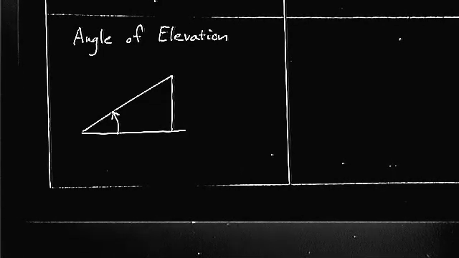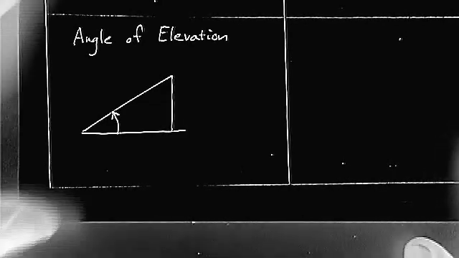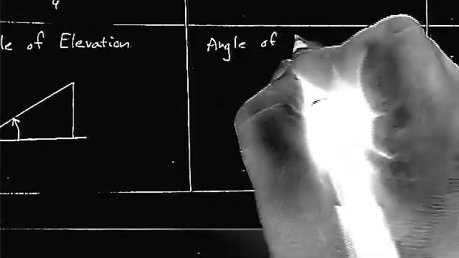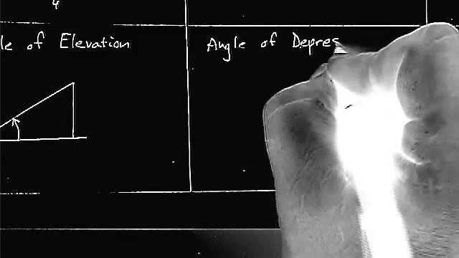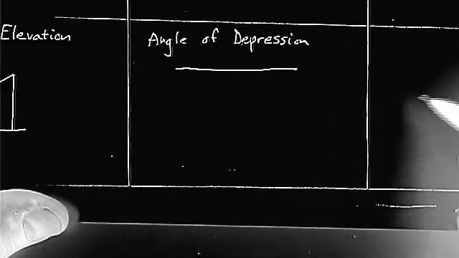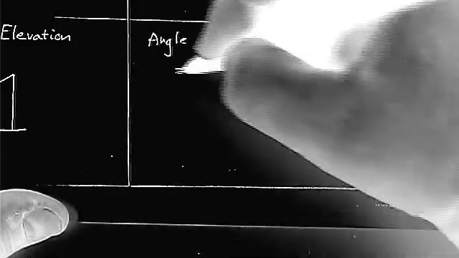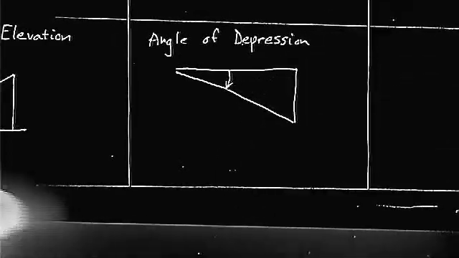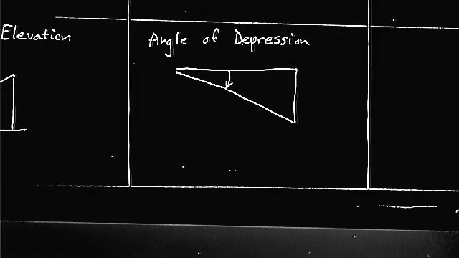So they also use a phrase like angle of depression. It makes you sad? I'm so sorry. Angle of depression. An angle of depression is measured from the horizontal which way? Down. So you're measuring this angle right here for the angle of depression.